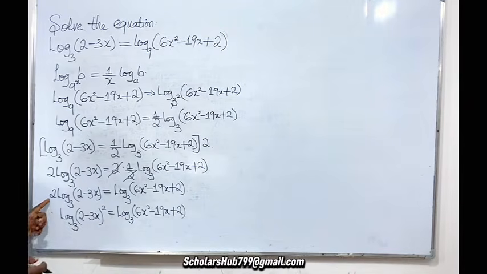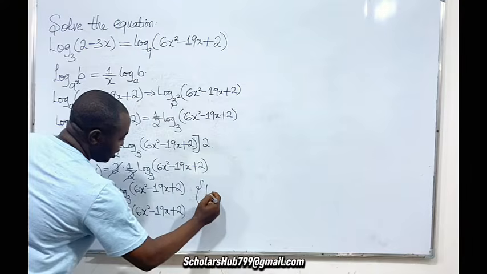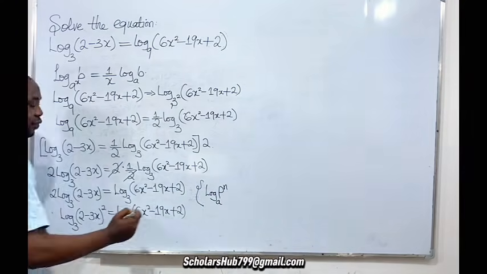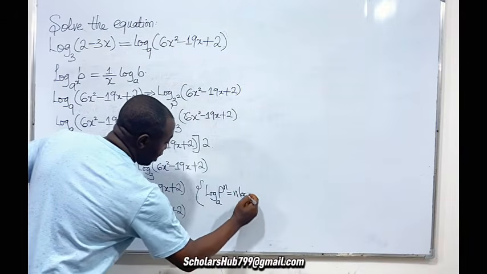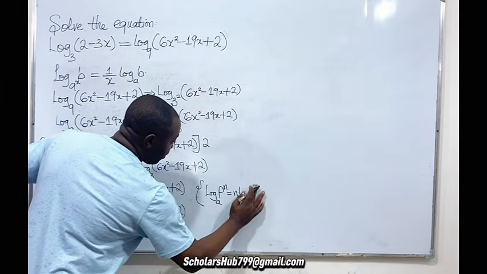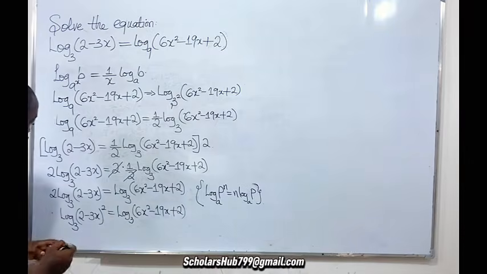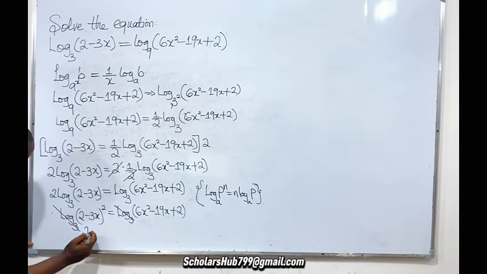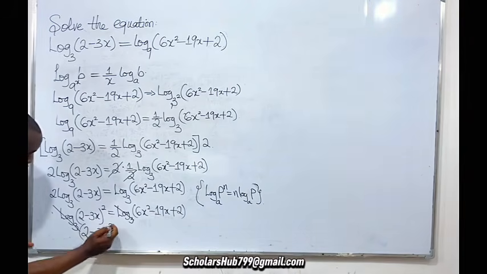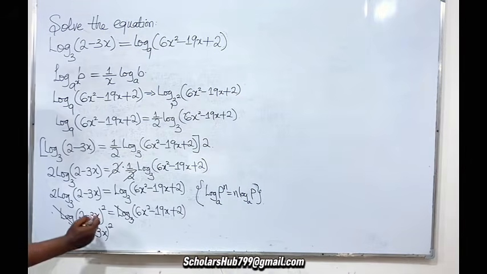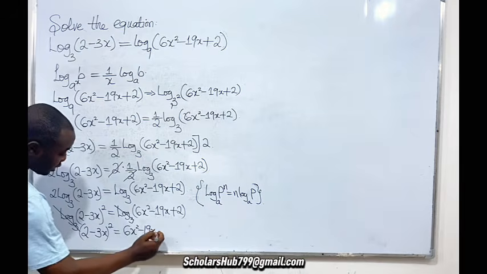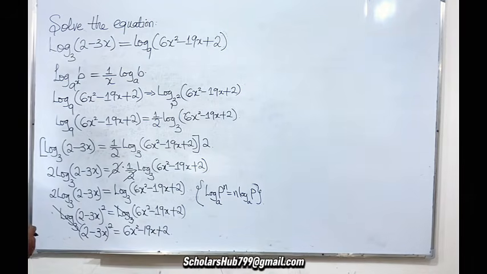Let's not forget that the property I applied here is that log to base a of p raised to the power of n equals n log to base a of p. Now in this case, I'm going to extract the log so that we have (2 − 3x) raised to the power of 2 equal to 6x² − 19x + 2.